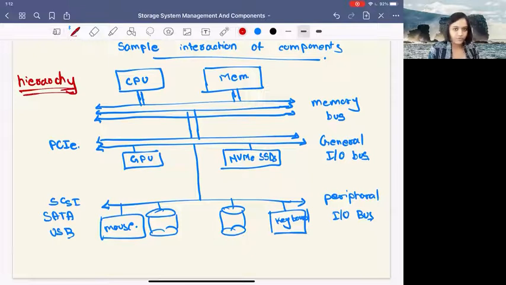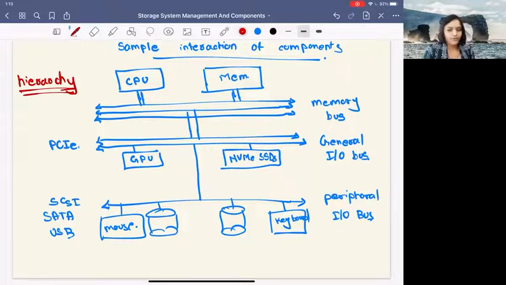Now, as we just talked about, why do we have hierarchy? Is thinking of those different axes or thinking of those different properties such as cost, performance, physics, capacity, all this in a contradictory manner.